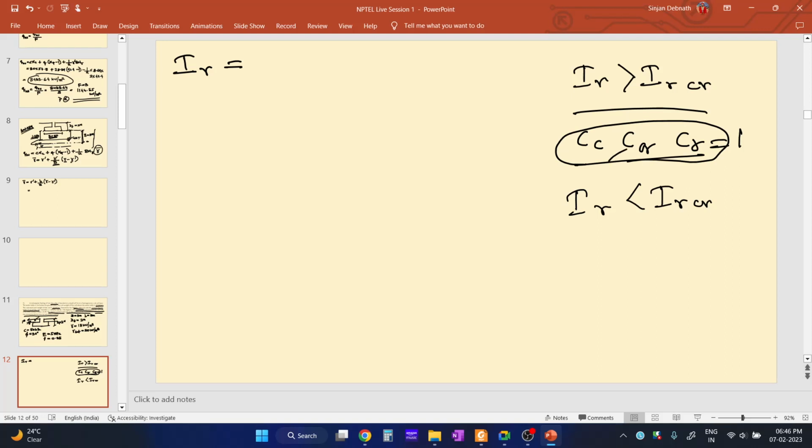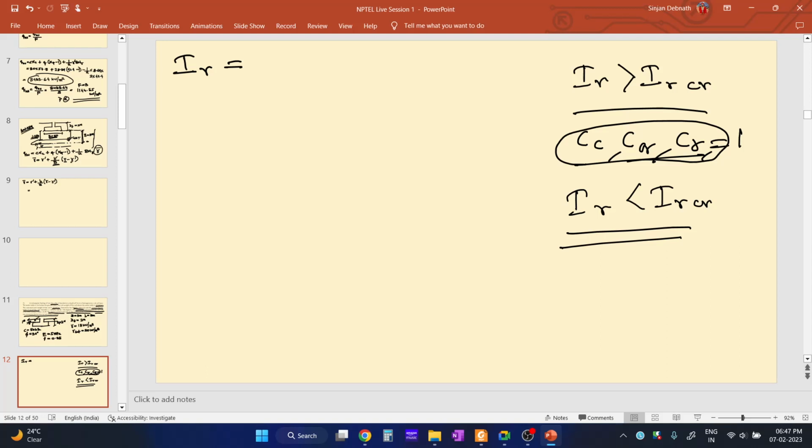That means the soil is not incompressible actually. It is compressible a bit.